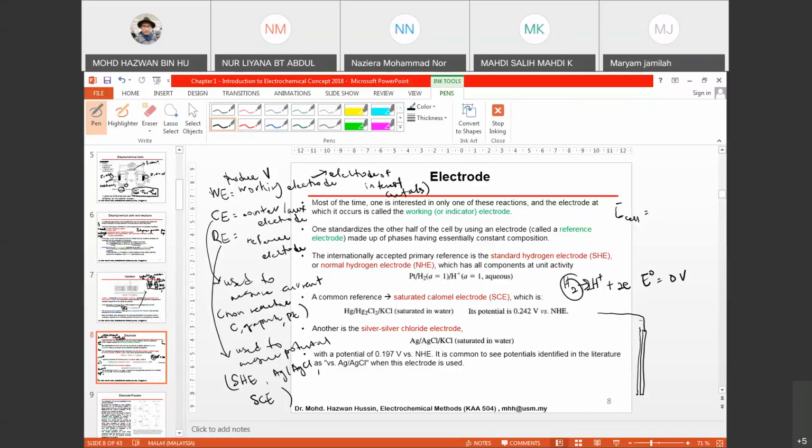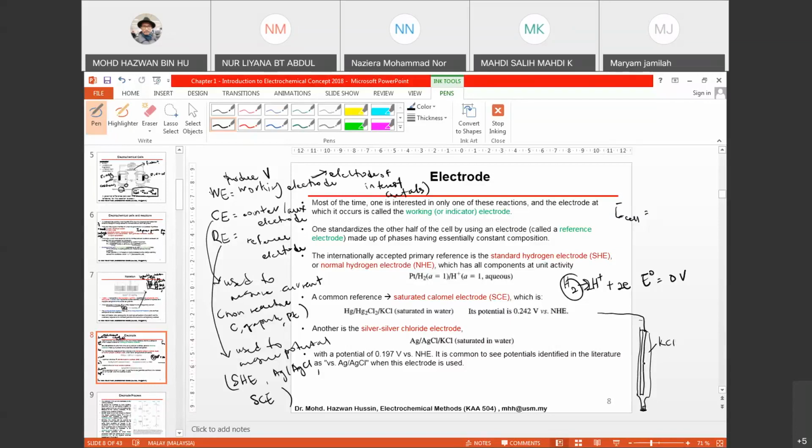Normally, I used a dropper, because it has a very unique shape. I just break off the end, and then I put some porous material, sometimes silica powder, or some other porous thing. And then I just fill in potassium chloride solution inside.